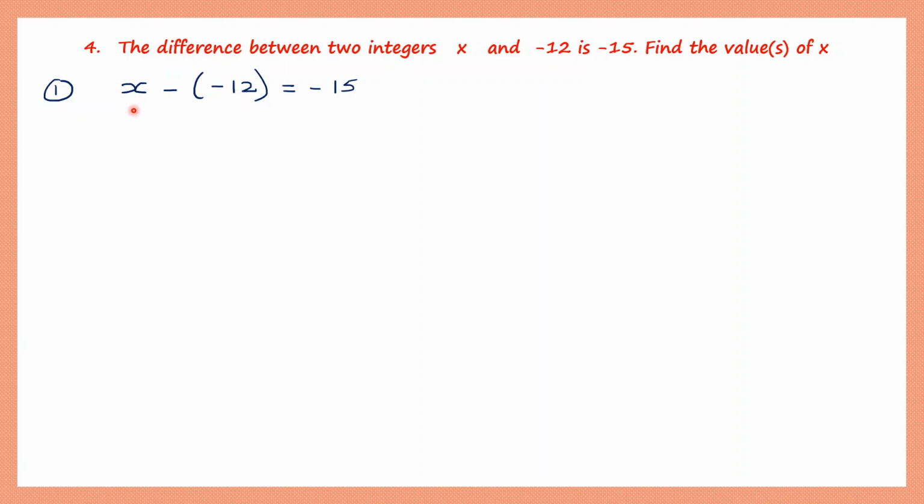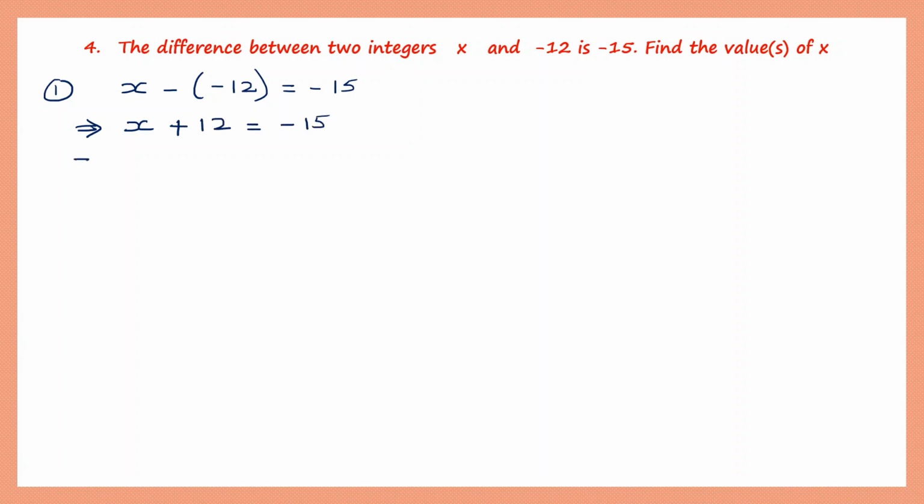Okay, so now we're going to solve for x and find the value of x. To find the value of x, we need to open the brackets first. When you open the brackets, check the sign before the bracket, it's minus. So the sign of this integer will change. Minus 12 will now become plus 12. So x plus 12 is equal to minus 15.